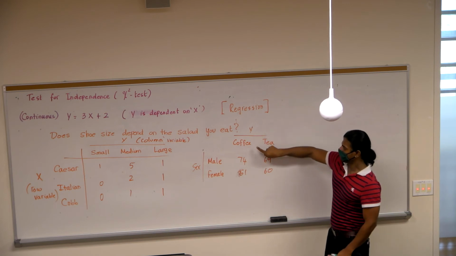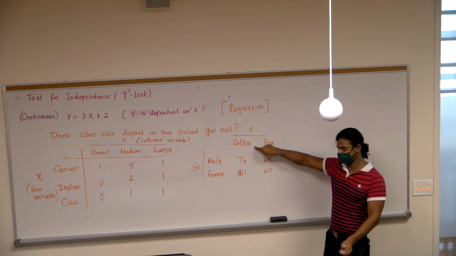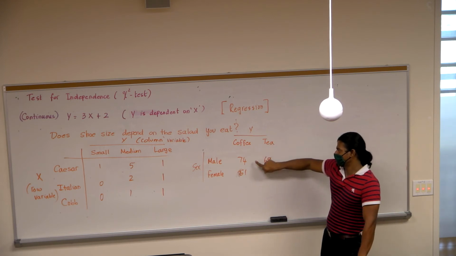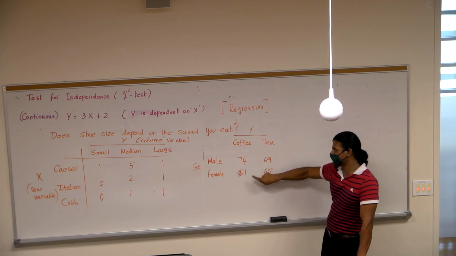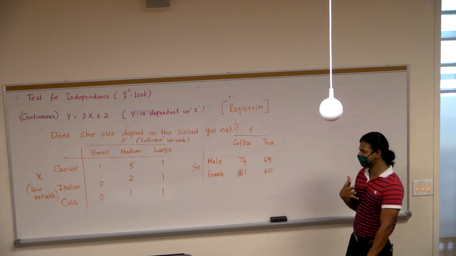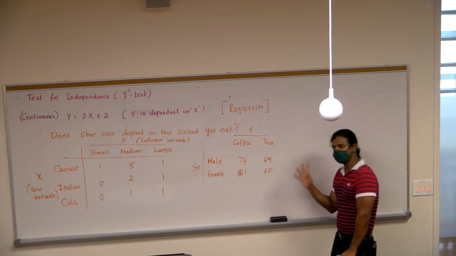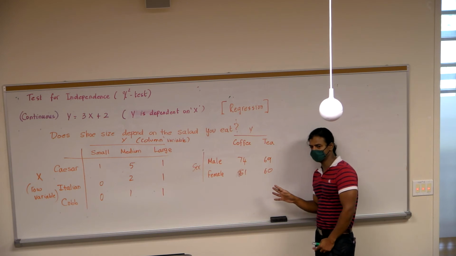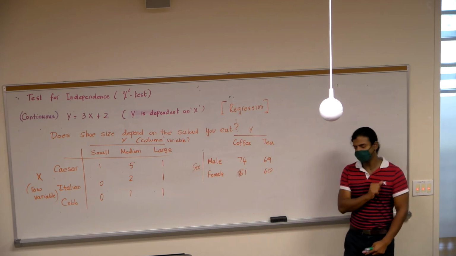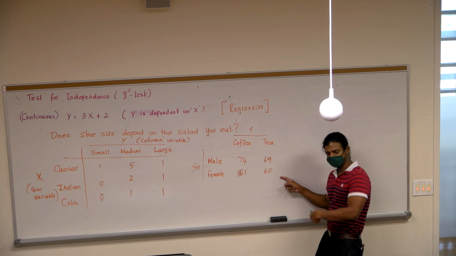So the type of beverage that a person would choose would depend on the sex of the individual. Male, female, we have 74, 51. You look at this table, and do you think that perhaps there is a relationship between the type of beverage a person would choose and their sex? Could that be a possibility? Because things seem to vary between sex.